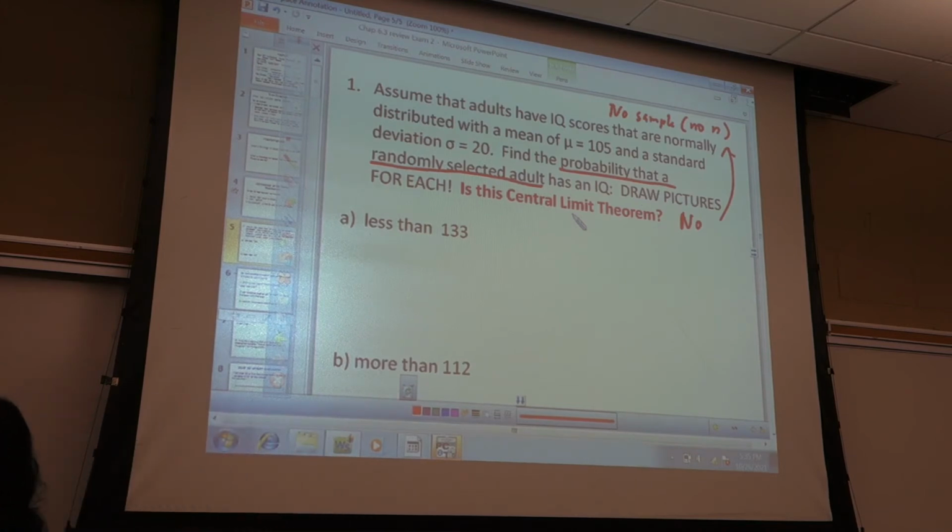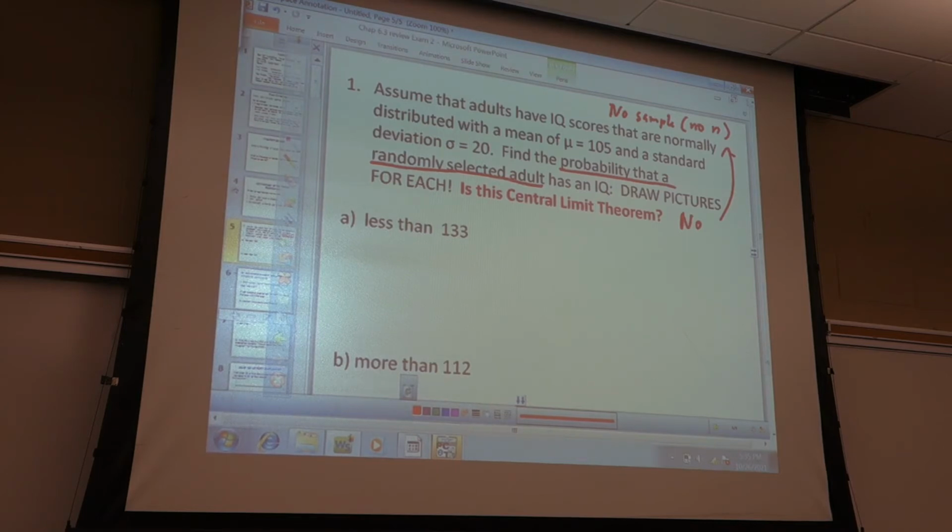You're not finding the mean of a sample. There's not a big group. So there's no sample, no n, and you're finding the probability of just one person, just one guy. Not a sample of 30 people and their mean. So that's how you know it's not central limit theorem. Or conversely, that's how you would know if it was central limit theorem.